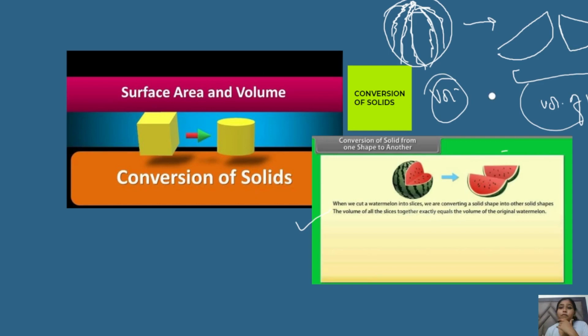The surface area changes, because the whole watermelon is very huge, but the smaller pieces are very small. So there will be a difference in area, but volume is basically the amount of matter present inside. The total matter present inside remains the same when we cut it into different pieces. This is what we call the conversion of solids.